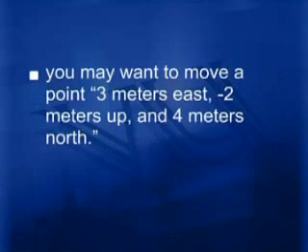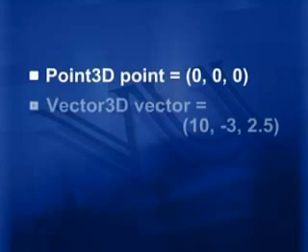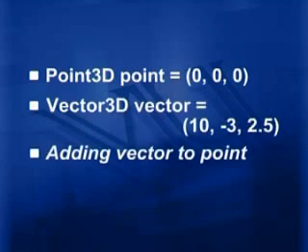Let's just elaborate on that with another example. If we want to move a point 3 meters east, minus 2 meters up, and 4 meters north, notice the interesting aspect of moving minus 2 meters up. What would be the steps involved if we want to take this translation along? We've got the point 3D defined to be point 0, 0, 0, and a 3D vector with the values that we might require to translate.